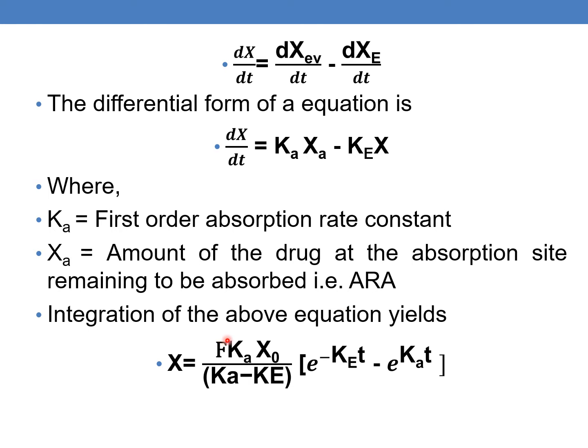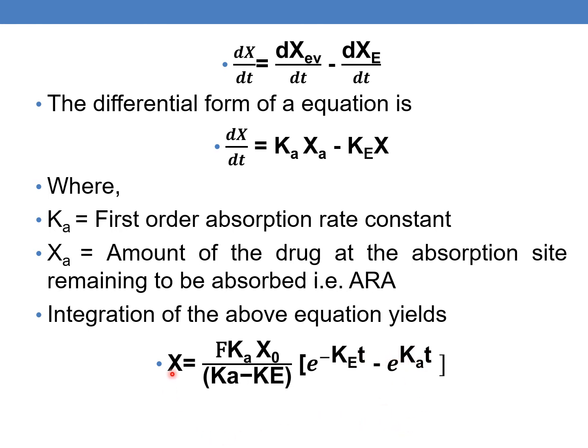And integration of the above equation yields X is equal to F Ka X0 by Ka minus Ke into e to the power of minus Ket minus e to the power of minus Kat. Here also minus Kat, please remember that.